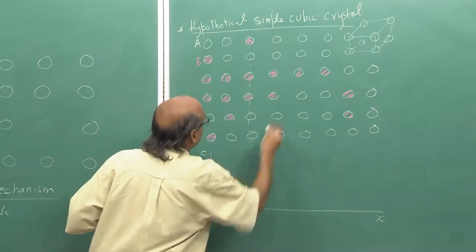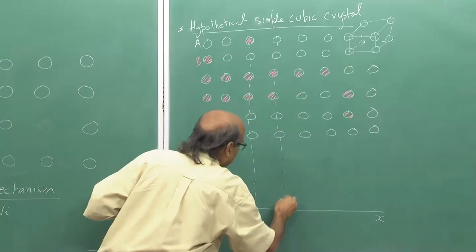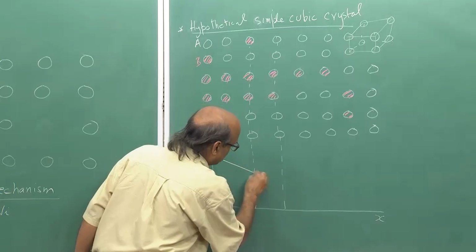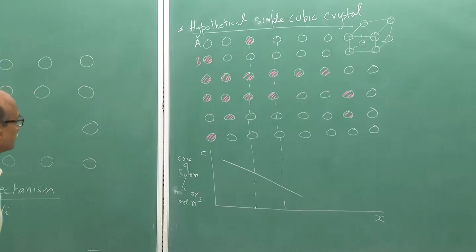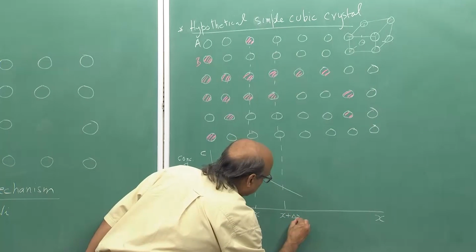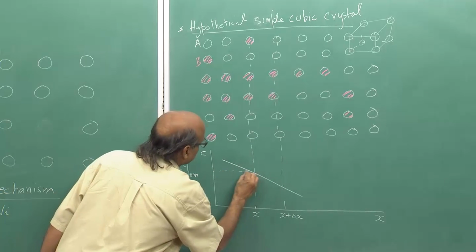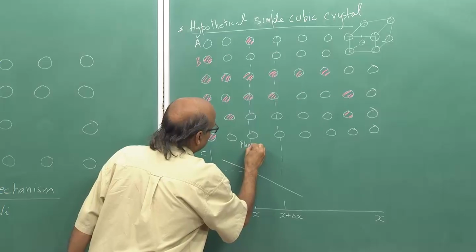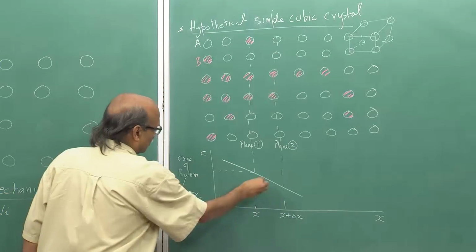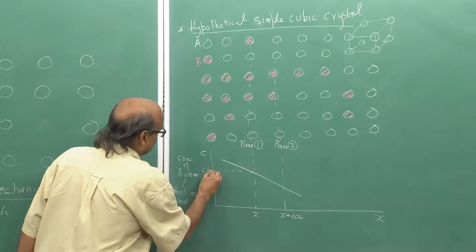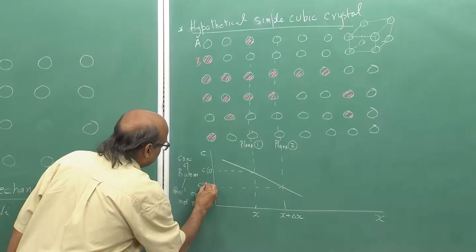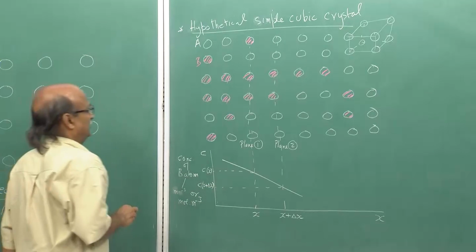So, this is one atomic plane, this is another atomic plane, and let us say this is how the concentration varies with distance, a straight line. So, I have here let us say location x, this is location x plus delta x, this is atomic plane 1, this is atomic plane 2. So, the concentration at x is Cx, concentration at x plus delta x is Cx plus delta x.